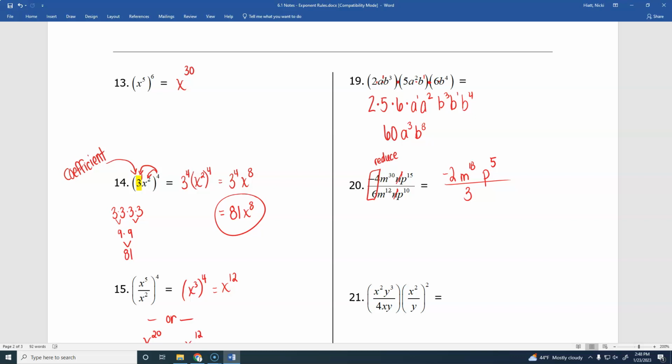And there's nothing else you can put together there. Yes. You can write it a couple different ways. You can write it like this, or you could write it like this, negative 2/3 times m to the 18th, p to the 5th. Either one would be okay there.